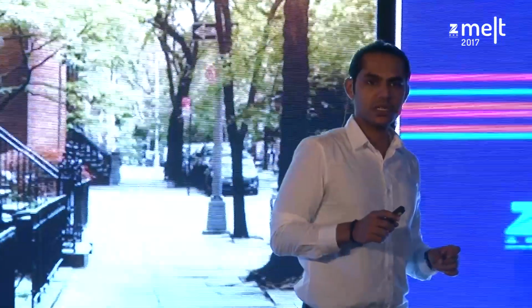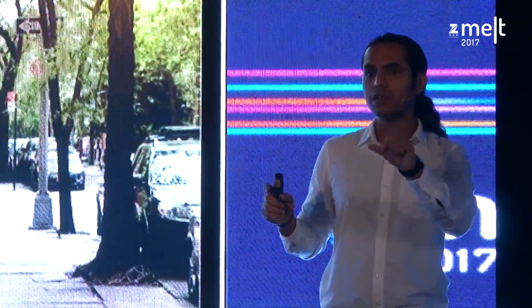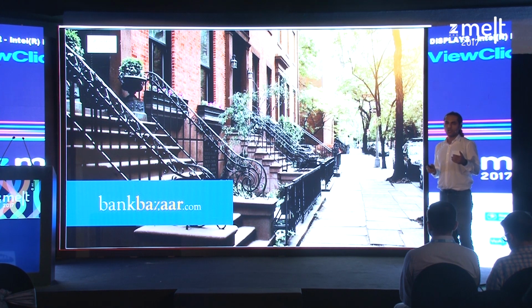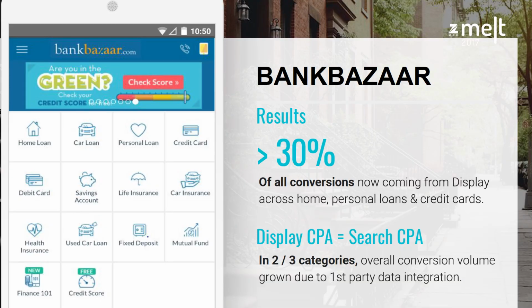This is where Bank Bazaar starts doing things differently. They start indicating that, by the way, out of these 100, these 2 actually converted. And this happens on a daily, recurring basis. They start pushing all of their data back into their ad management campaigns, speaking to all the creatives, to all the targeting, to all the bidding. That's why I said they use it smartly. Importing offline conversions is something which enabled them to get massive results with their display campaigns.